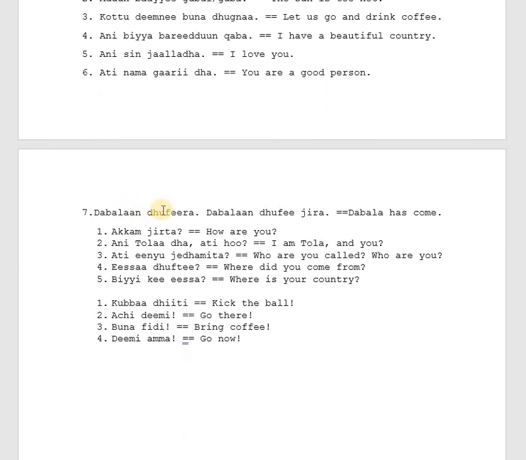Dabalan ufera. Dabalan ufe jira. It's a difference in local Oromo. Dabalan ufera is the same as Dabalan ufe jira. Dabala has come.